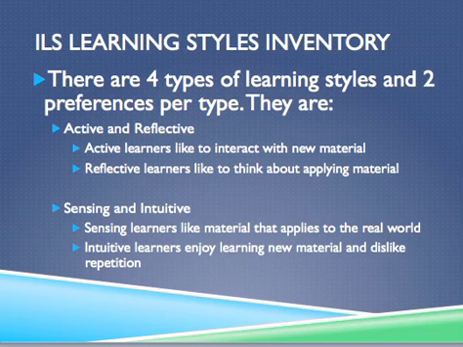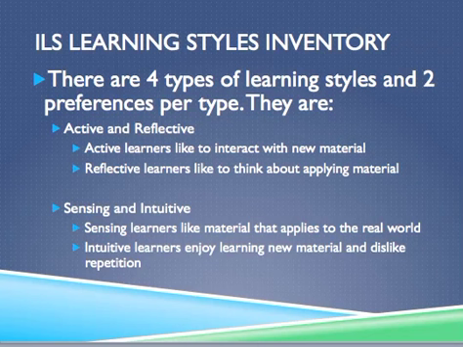So there are 4 sets of learning styles, and people tend to move towards one or the other, or tend to have a balance. So I'm going to discuss the 4 sets very briefly, and then talk about your particular scores that you received. So there are 4 types of learning styles and 2 preferences within each set.